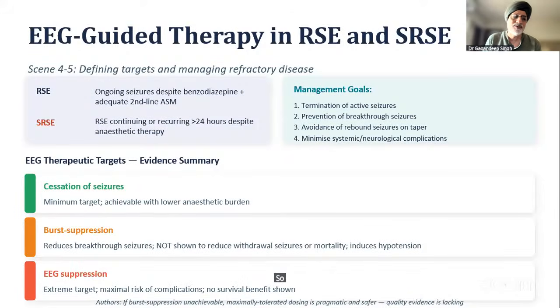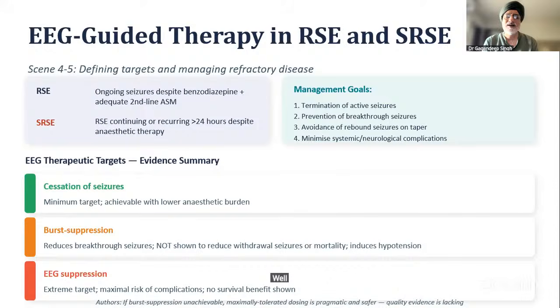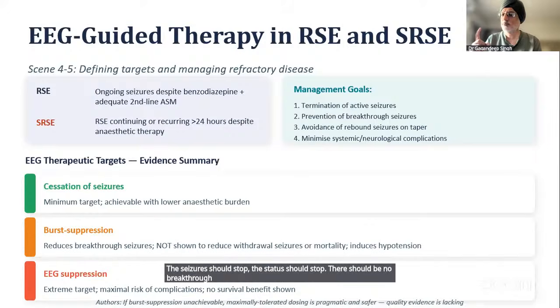So there is this huge controversy. We think that it is good to have cessation of seizures. In some cases, yes, burst suppression does well, but certainly not EEG suppression. The seizures should stop, the status should stop. There should be no breakthrough seizures, no rebound seizures after stopping, and no complications.